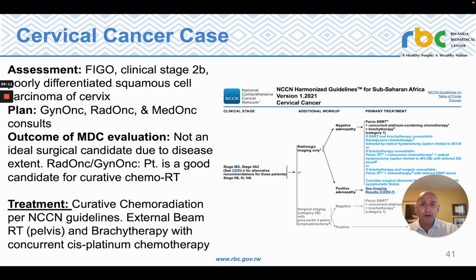So the treatment followed, again, the NCCN harmonized guidelines for sub-Saharan Africa and went ahead with curative chemoradiation with external beam radiotherapy to the pelvis and brachytherapy with concurrent cisplatin chemotherapy.